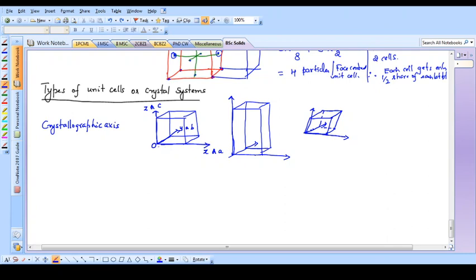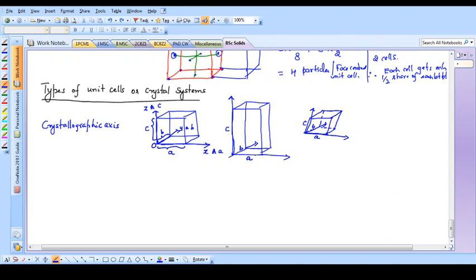For example, the length of the unit cell along x-axis, let me call it A. The length of the unit cell along y-axis, let me call it B. And length of the unit cell along z-axis is called C. Similarly, you can define the length of the unit cell here as A, B and C. Here also I can measure the length as A, B and C. Okay.